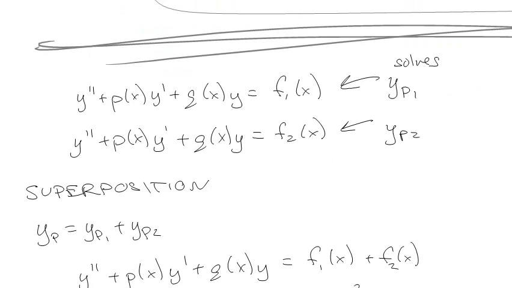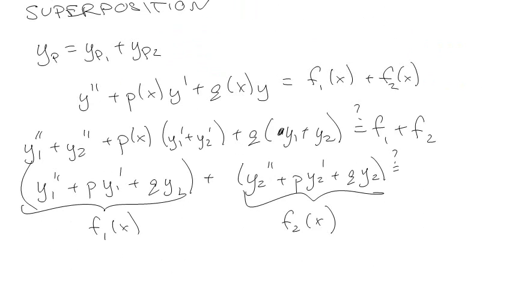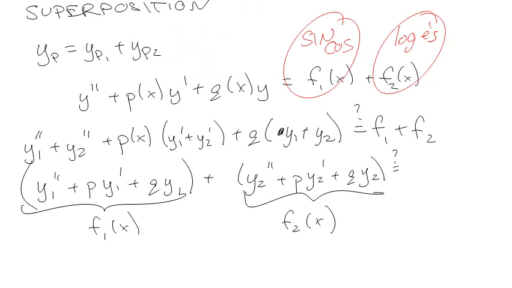Say you have something really complicated, like this one is a whole bunch of sines and cosines, and this one is a whole bunch of logs and e's. You can solve the one with the sines and cosines more carefully, then solve the one with the logs and the e's, and then combine the two of them, and that'll be the full particular solution. It's a way to reduce some of the complexity of the problems before you approach it.